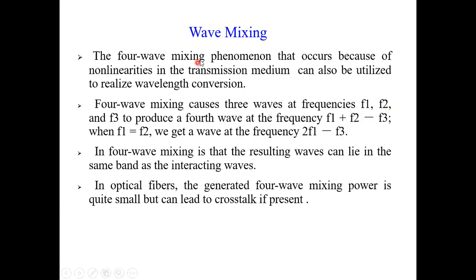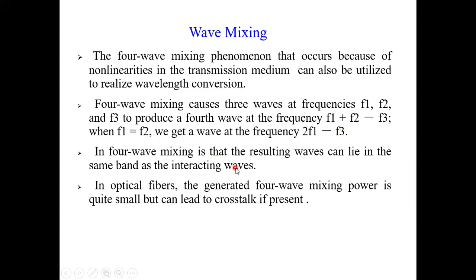So four waves I am actually getting by mixing the signal. In four-wave mixing, the resulting wave can lie in the same band as the interacting waves, but it will be a different wave. Like 2F1 minus F3, whatever the answer is, it might lie in the band of F1 only, but still it is a different wave.